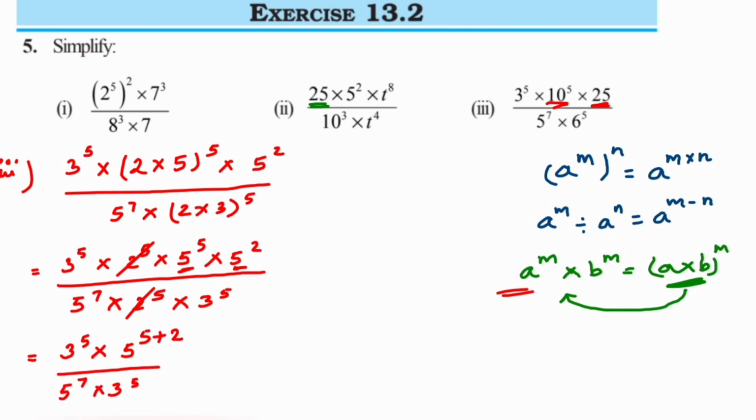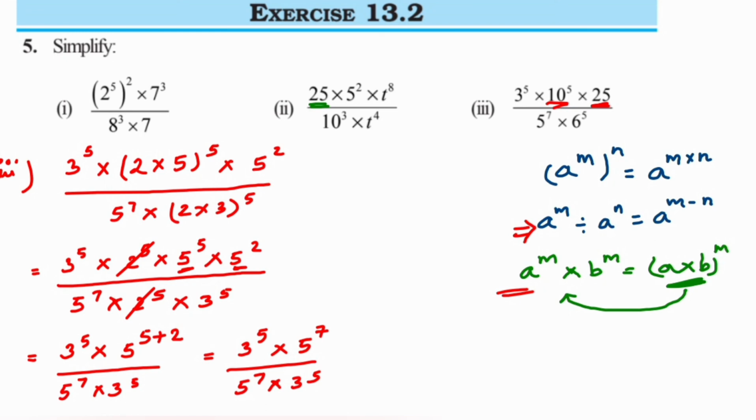Now this is equal to 3 to the power 5 multiplied by 5 to the power 7 upon 5 to the power 7 into 3 to the power 5. Now here you can apply either law, that is you can apply the division, the second law which I have written here, that the powers get subtracted, or you can just cancel them.